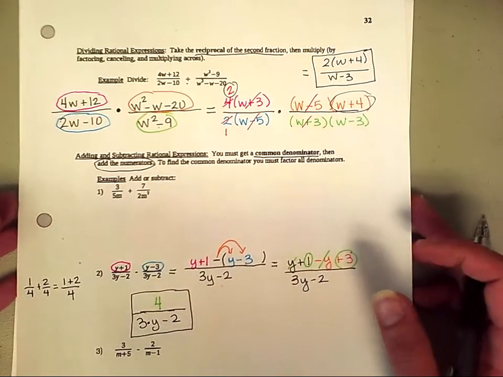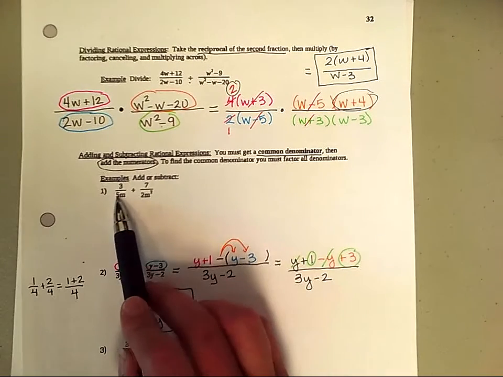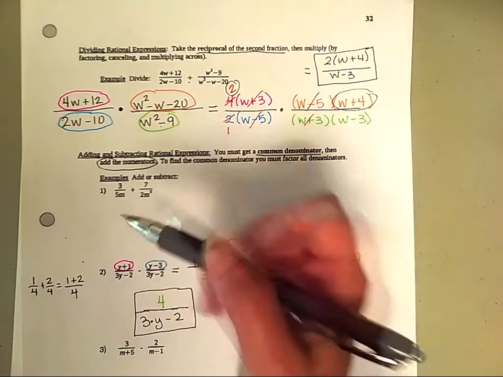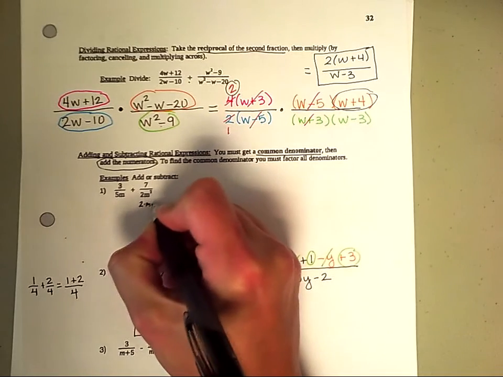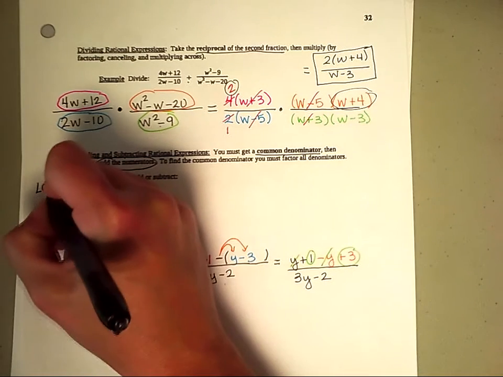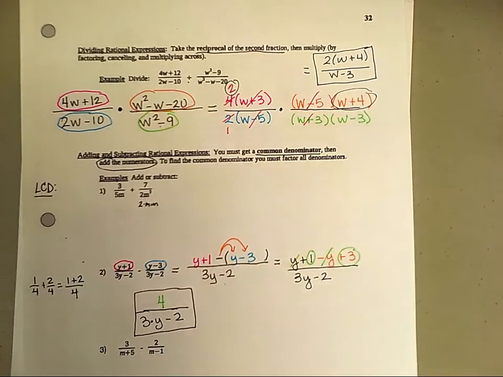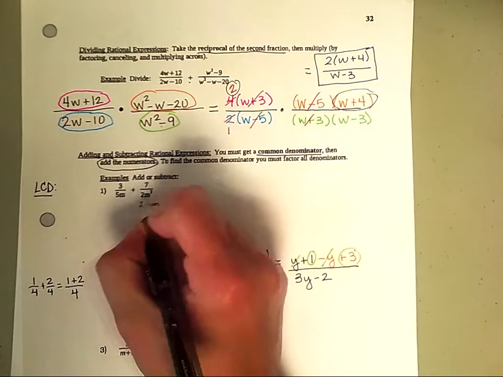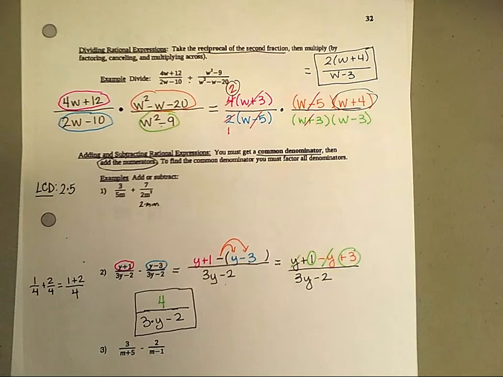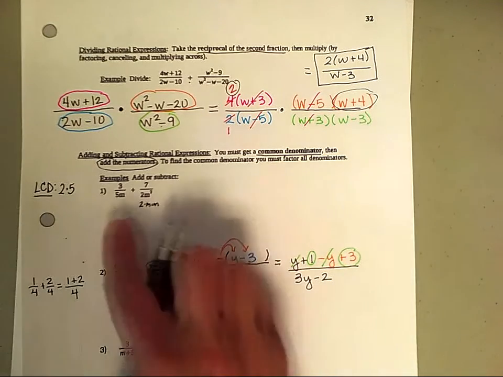Now in number 1, we don't have common denominators. The factors here are 5 and m. Well, this is really 2 times m times m. So we need to determine our least common denominator. To do that, you have to take all the unique factors. So here we have a 2 and here we have a 5. These both have to be represented in the common denominator.